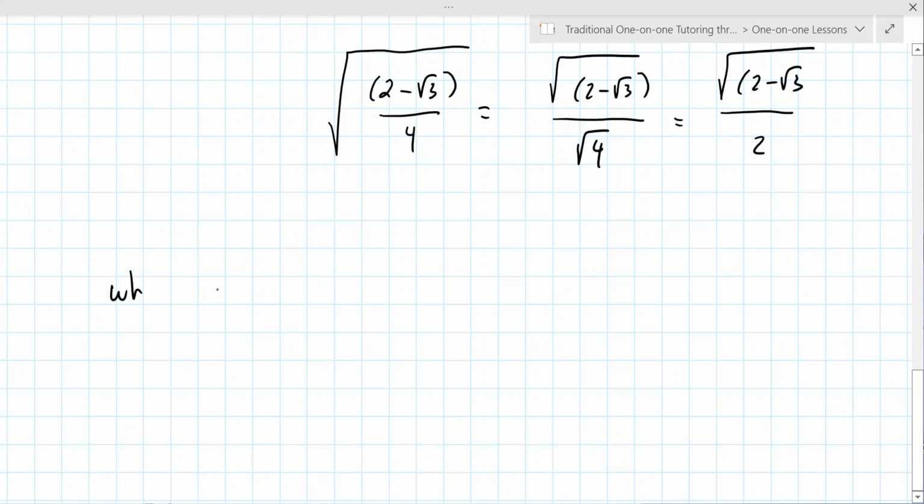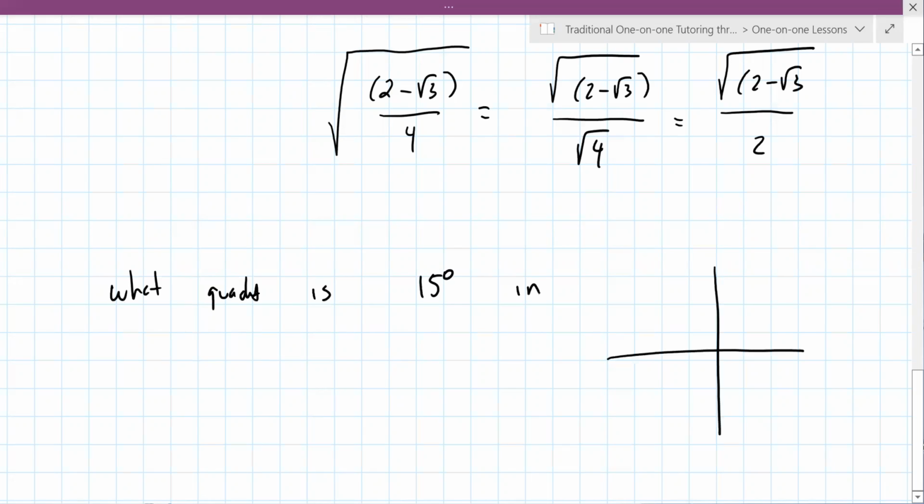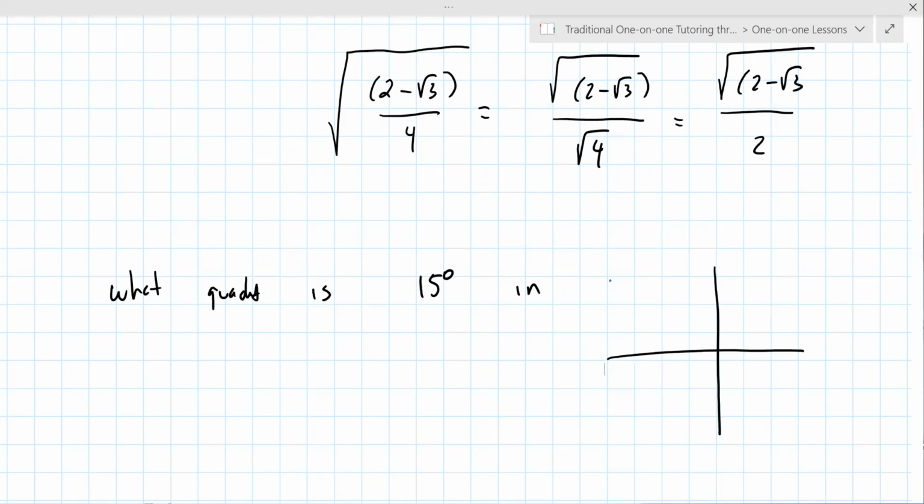What quadrant is 15 degrees in? Quadrant 1, right? That's not too hard.